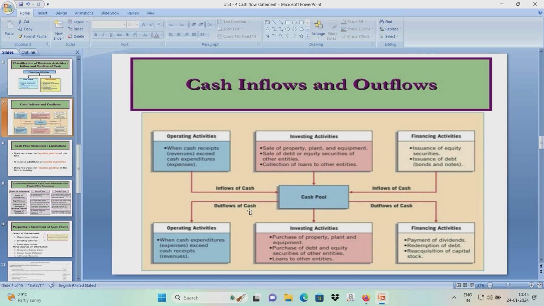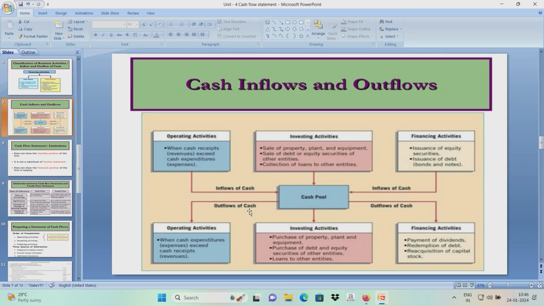And come over to the investing activity. Whatever asset I am selling, that is sale of property, plant and equipment, or any sale of equity shares, or any repayment or collection of loans, all these come under cash inflows in investing activity. And outflows are purchase of property, plant, equipment, or purchase of any investment.